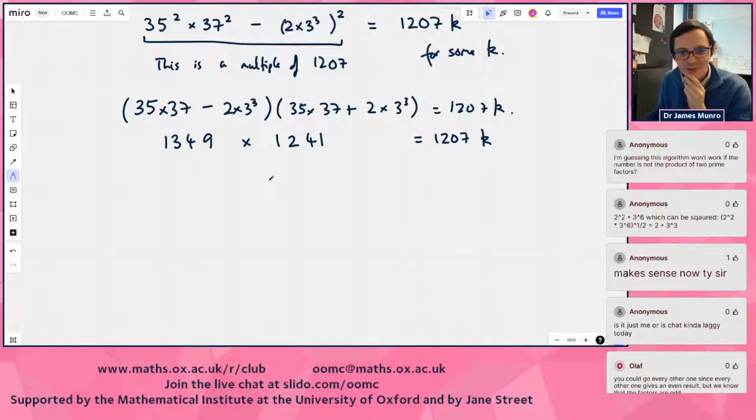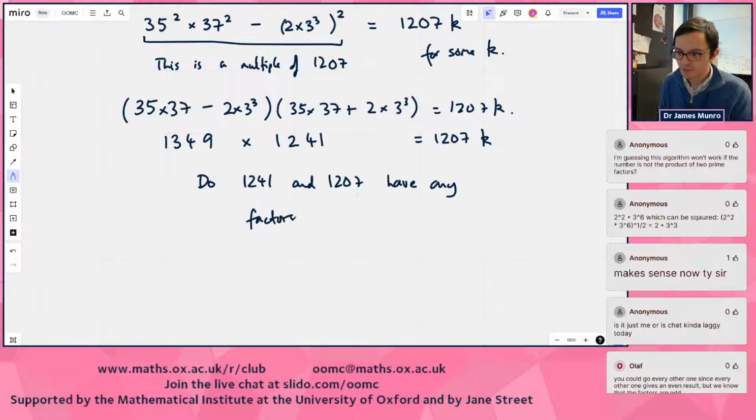One of the numbers is 1241. That's a bit suspicious, right? So what you asked to finish off is, do 1241 and 1207 have any factors in common? What's their highest common factor?